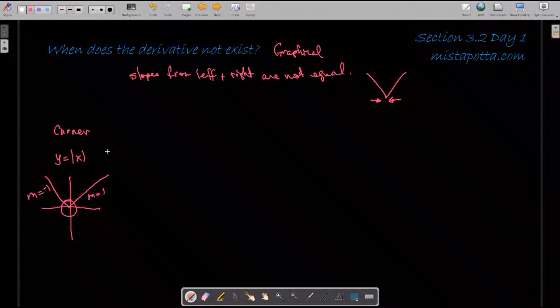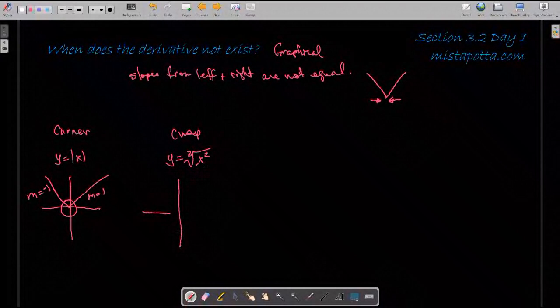So if I have a corner, or if I have a cusp, a situation kind of like y equals the cubed root of x squared.